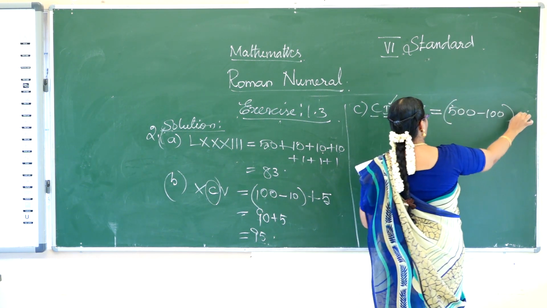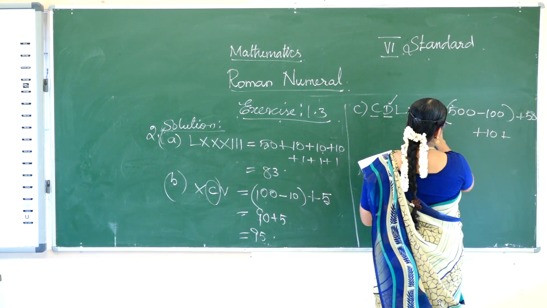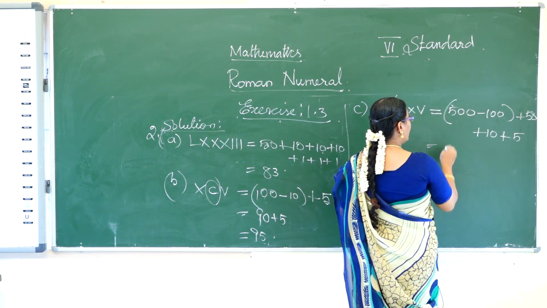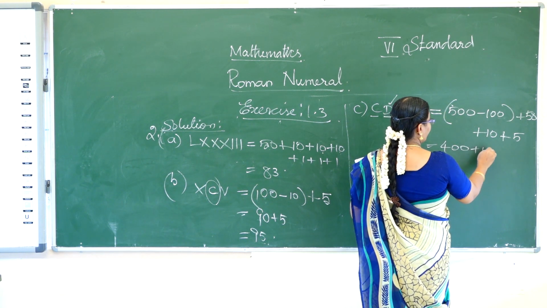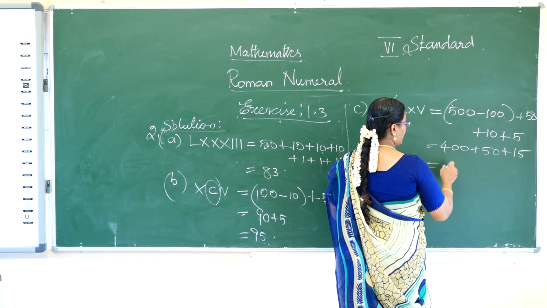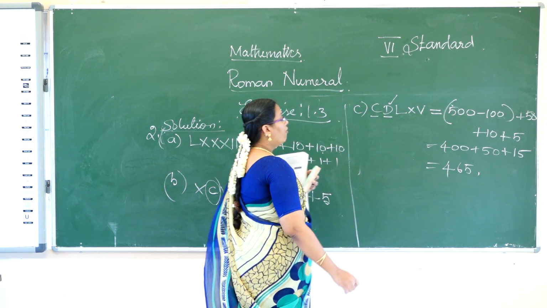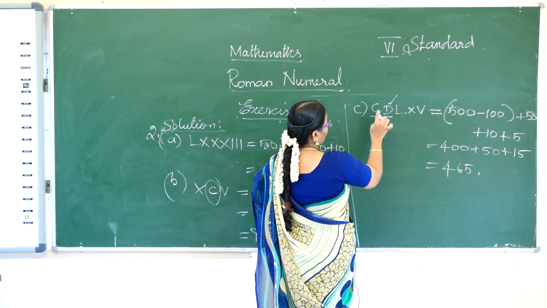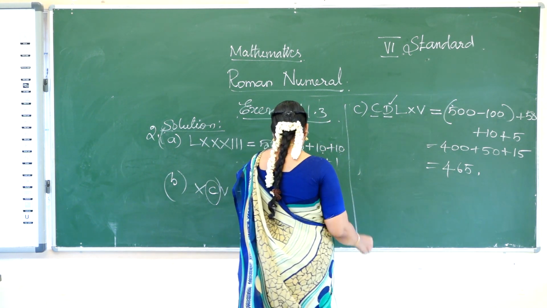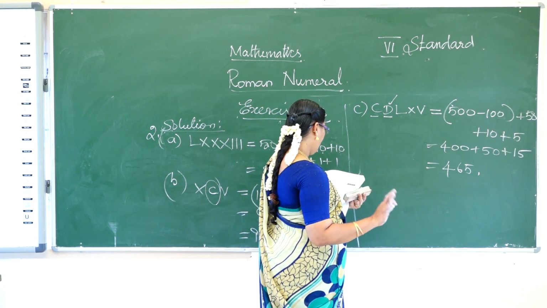And next L means 50 plus X value is 10 plus V value is 5. So 500 minus 100 is 400, plus 50 plus 15, added these values, 465. So the Hindu-Arabic value for the Roman numeral C D L X V is 465. Okay, D and E are homework.